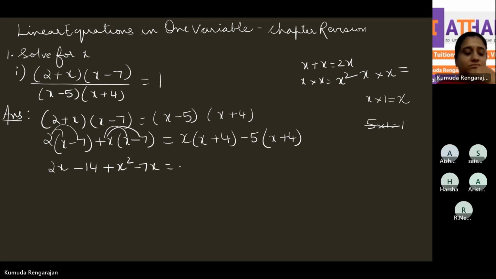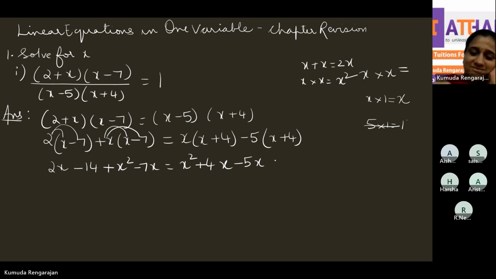Continue. So x will be x raised to the power 2, and this x will be multiplied by 4 also, so it will be 4x. Now minus 5 multiplied by x will become minus 5x.